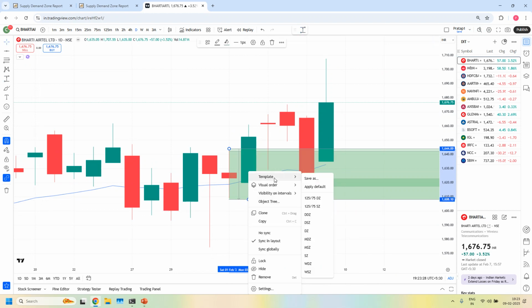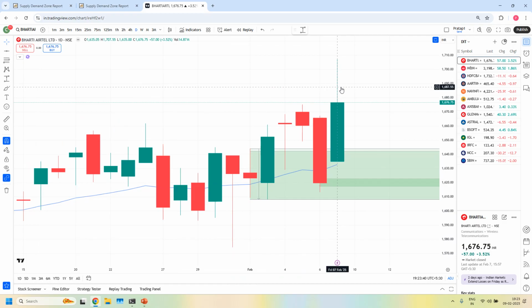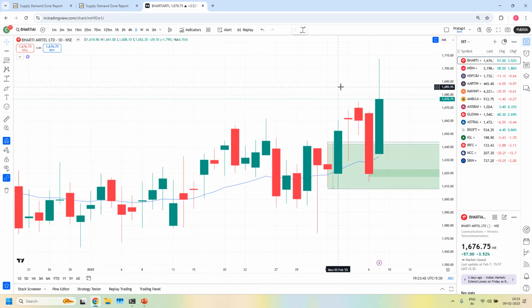Let me add this zone. Okay. See, we have a daily zone. This is a rally candle, base candle, rally candle. So zone confluence is there.